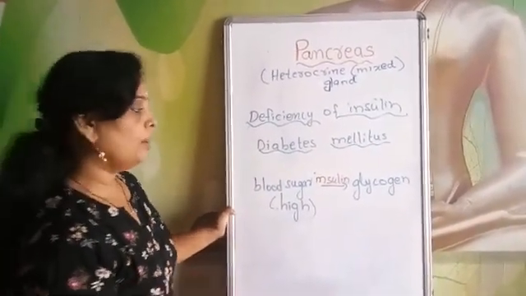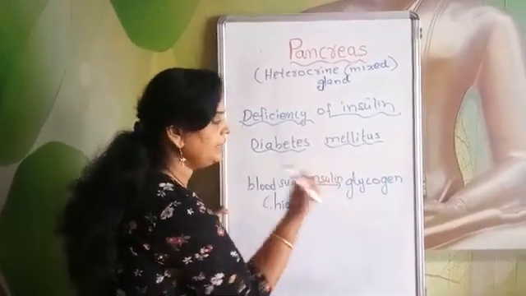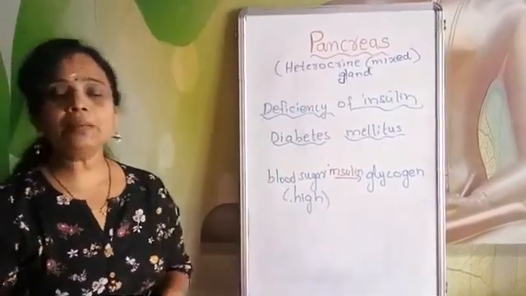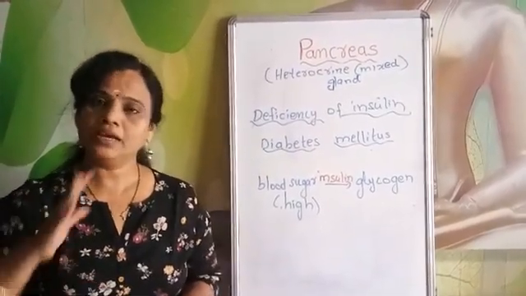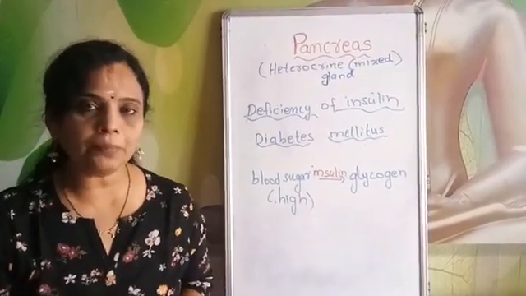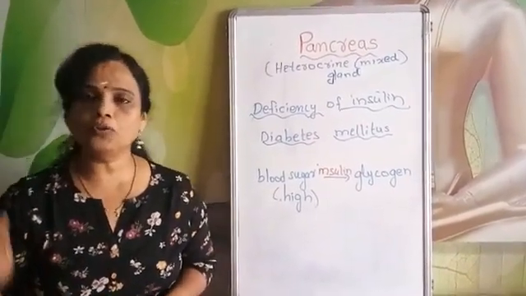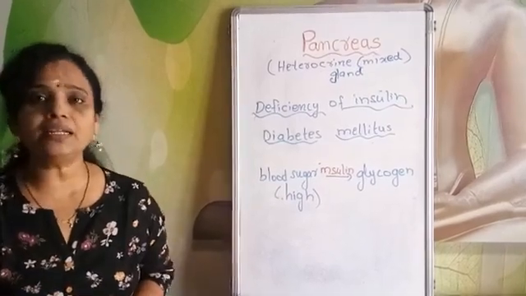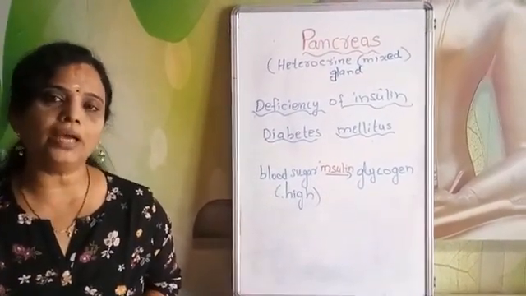Yes children, this can happen in the presence of insulin. Now imagine, children, if insulin is less, what can happen? That conversion will not happen, and the cell cannot absorb that sugar or produce energy. That is one thing. The second thing is that excess glucose will not get converted into glycogen.